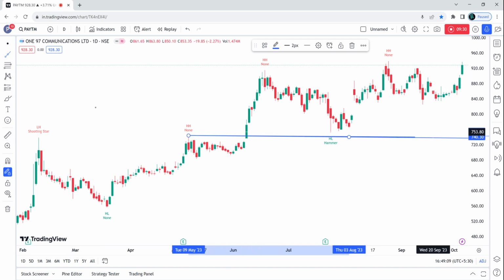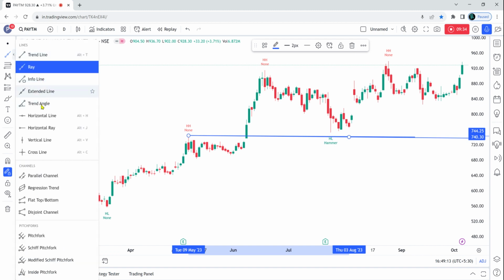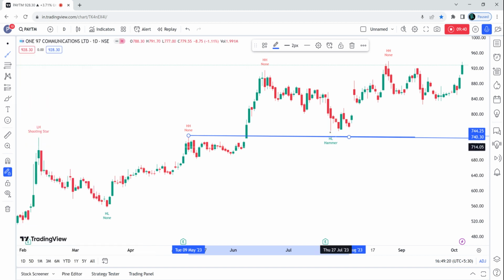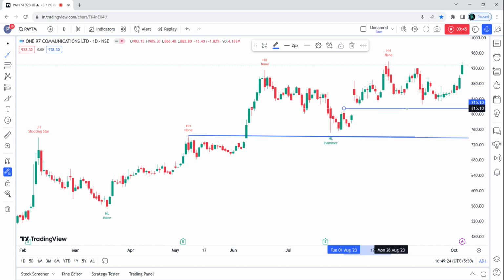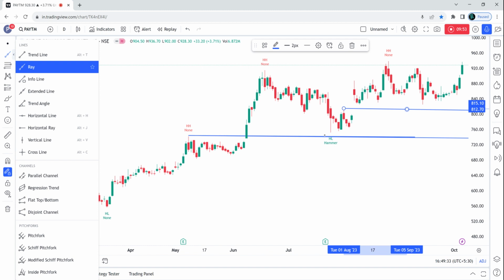So here, when I say gap, I'll just put a ray over here. I think this should be okay. I'll just do that again to clearly indicate the gap.